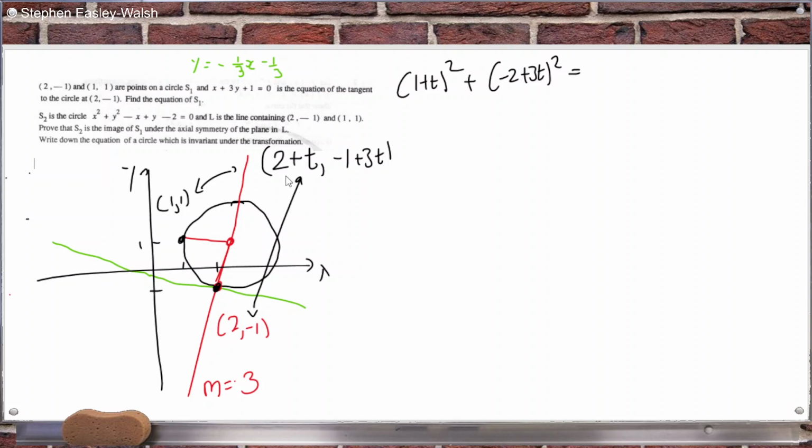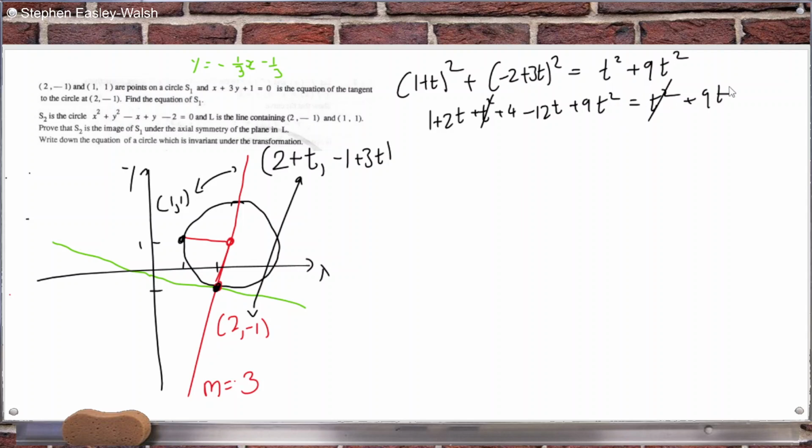That should equal t squared plus 9t squared. So we get 1 + 2t + t squared + 4 - 12t + 9t squared = t squared + 9t squared. It's nice that it's not quadratic because that cancels.